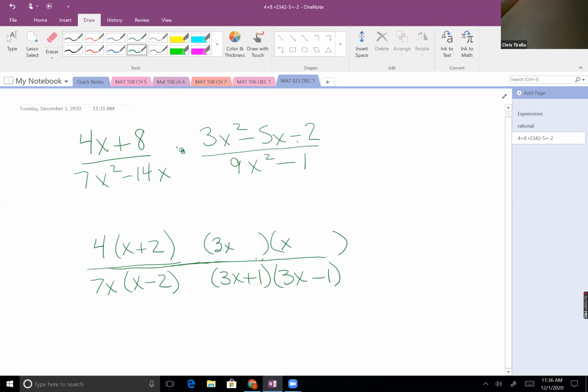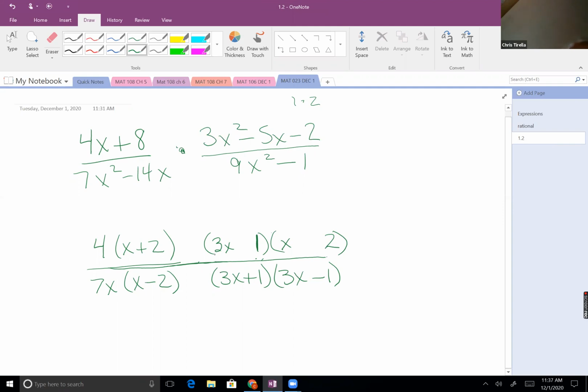Now, it doesn't always work that way, but a lot of times with these, we hope things cancel out. And so I know that 2 can only be 1 times 2. I'm looking at this denominator, seeing the 3x's and the 1's, so I'm going to try putting the 1 there and the 2 there, taking my hint from the denominator.